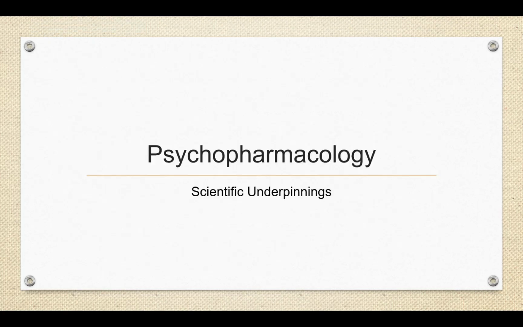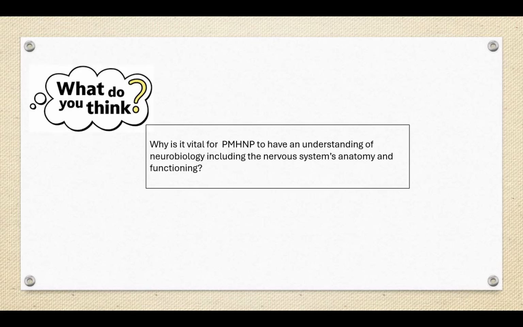All right. So, psychopharmacology, scientific underpinnings. Why is it vital for the psychiatric nurse practitioner to have an understanding of neurobiology, including the nervous system's anatomy and functioning? Well, it's important to understand how the nervous system is supposed to work.